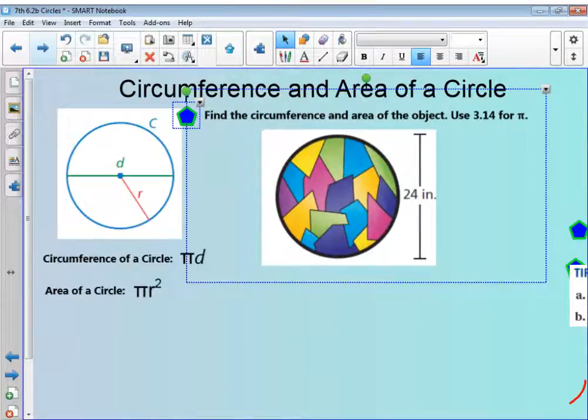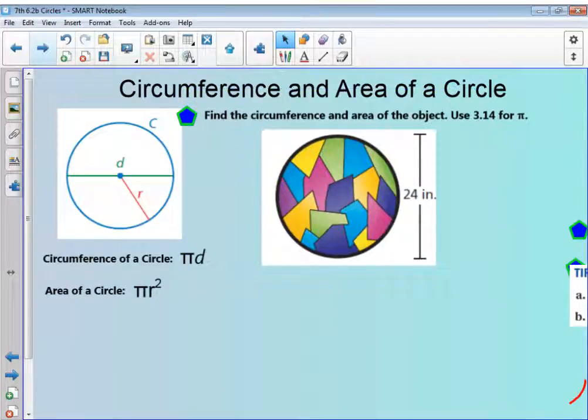Find the circumference and area of the object. I want you to go ahead and pause your video on this one. Find the circumference and the area. Here are the formulas that you're going to use. Make sure that you label your units correctly in the end.